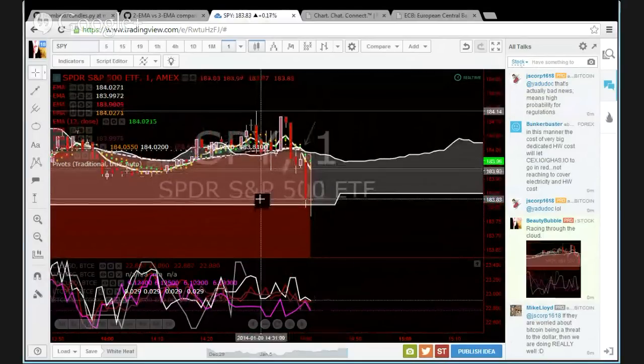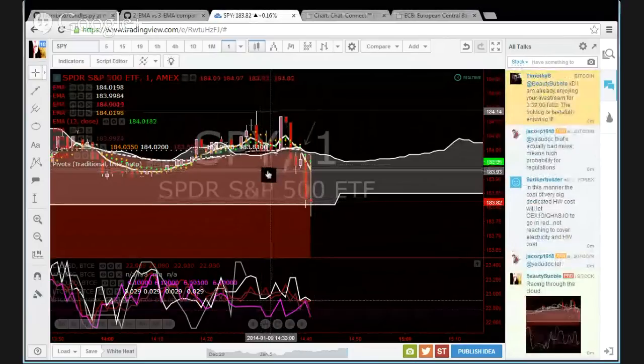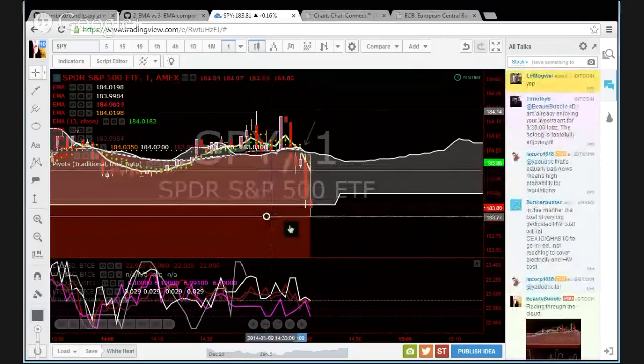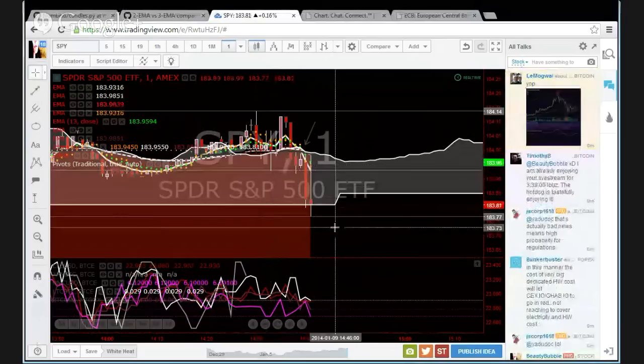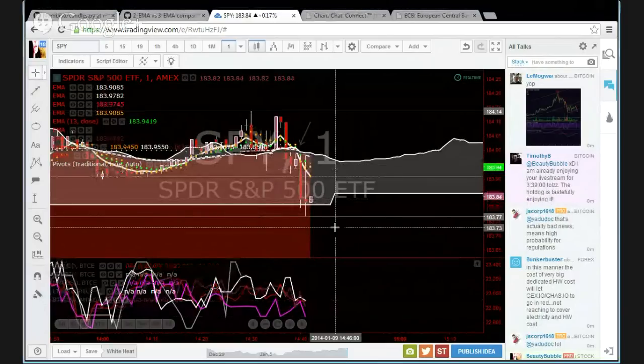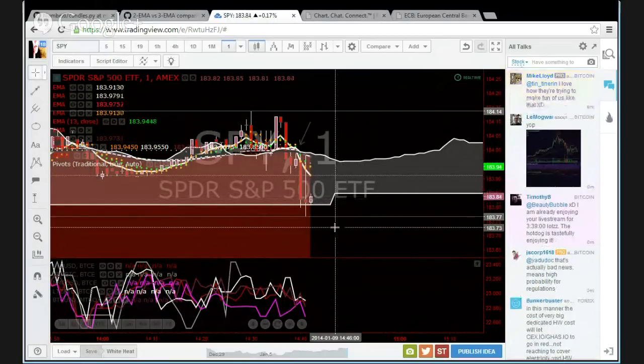We know that it came through the base here, came down here now. But we're waiting. Thanks, Timothy. Okay, so we may have put in a bottom. We're going to stay patient.